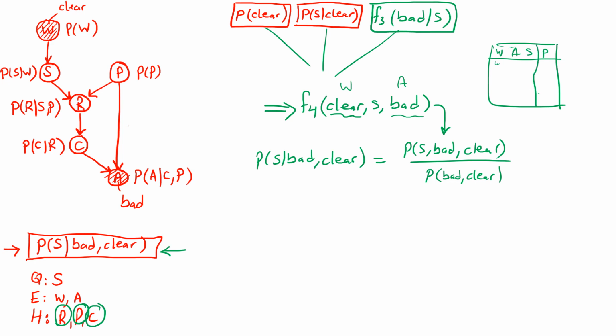For W we have clear, clear, clear. For A we have bad, bad, bad. And for S we have 3 values, which are strong, medium, and weak. And we have a value here, here, and here, right? So that's this factor, by the way.